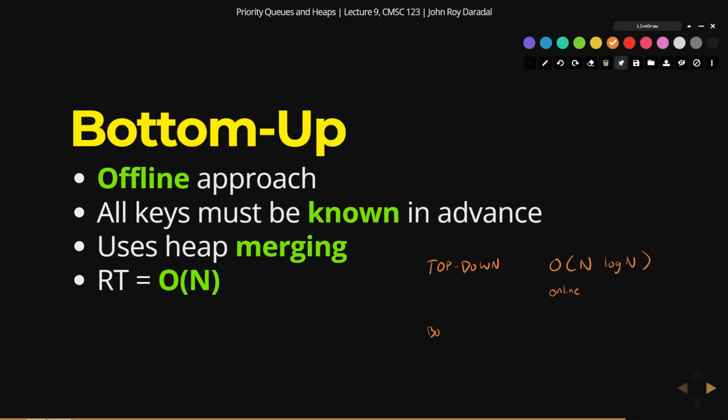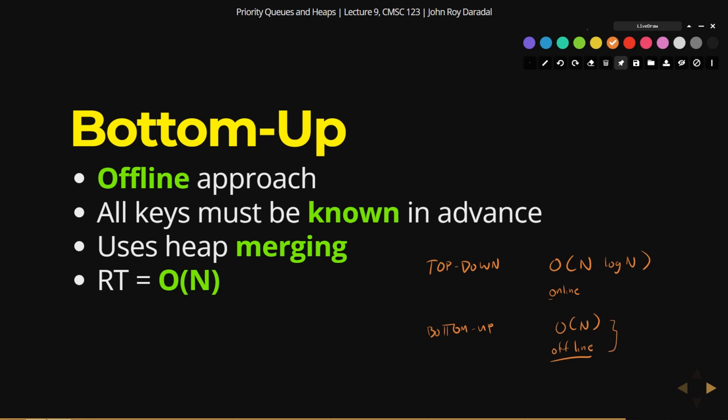For bottom-up, it runs faster in O of n time, but the drawback is that it is offline, so you have to know the keys in advance. In top-down, there is no such restriction. The reason why it's faster is because you know what the keys are.